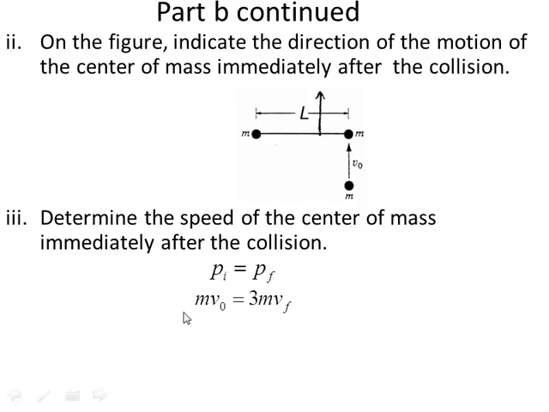The initial, if you recall, is just the momentum of the clay blob, and the final is just the whole assembly moving together. The m's cancel out. We have v naught equals 3 vf. So vf will be equal to v naught over 3. So that's what they're looking for in Part 3 of this.